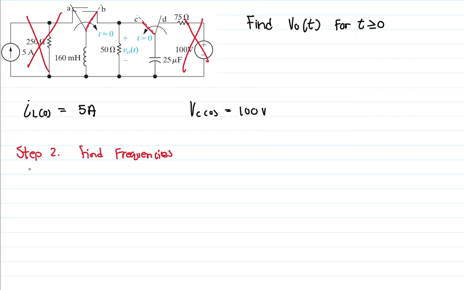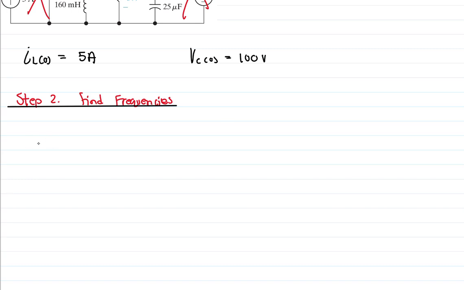So what are the frequencies that we're looking for? We're looking for the damping frequency, so the Neper frequency and the radian frequency. So the Neper frequency, which is like this, is equal to 1 over 2RC, which is equal to 1 over 2 multiplied by the resistance.